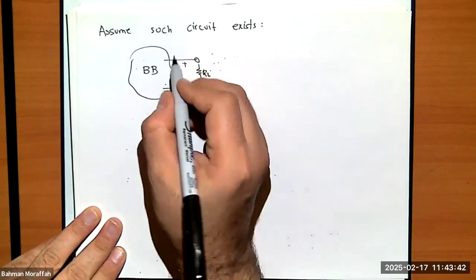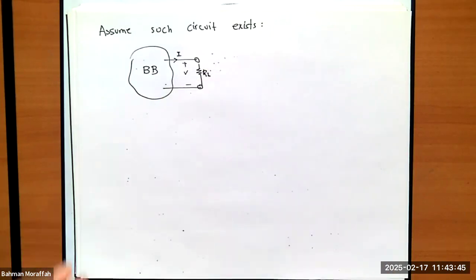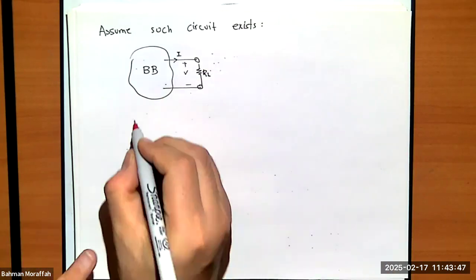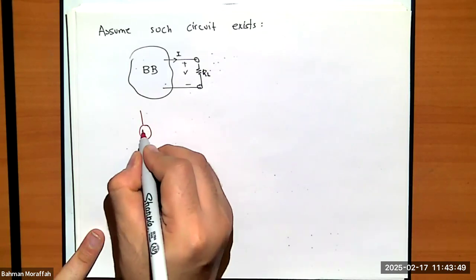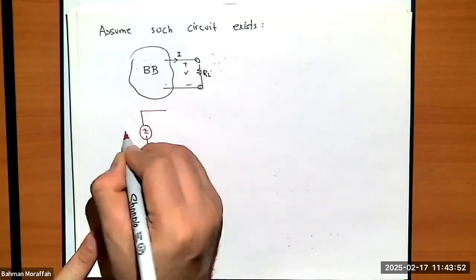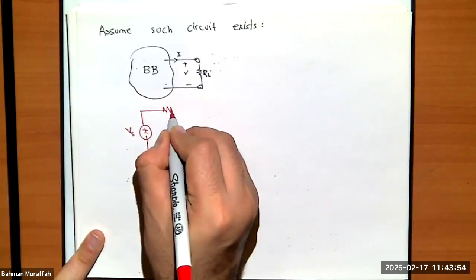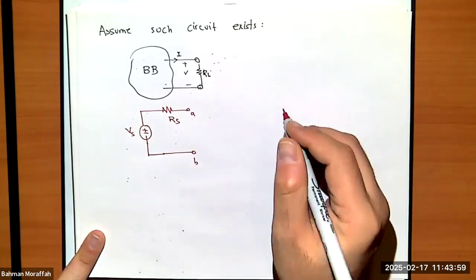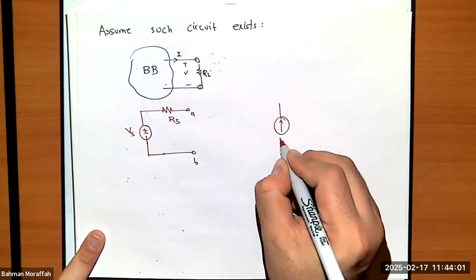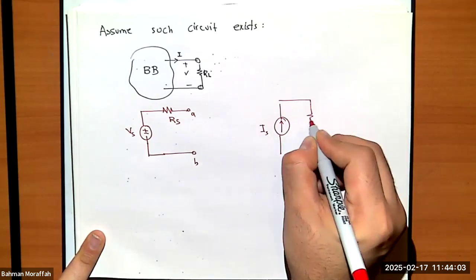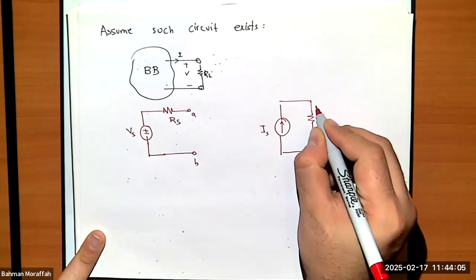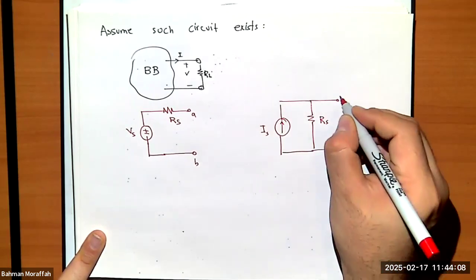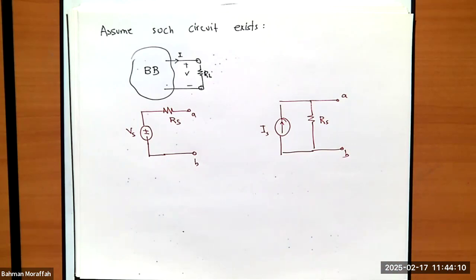This is voltage here. This is I here. And we know we can replace this black box by either a circuit that looks like this or a circuit that looks like this. Right? This is what we know, assuming it exists. I haven't answered that question yet.